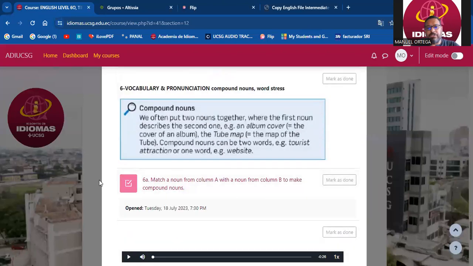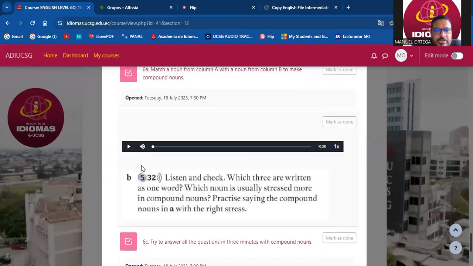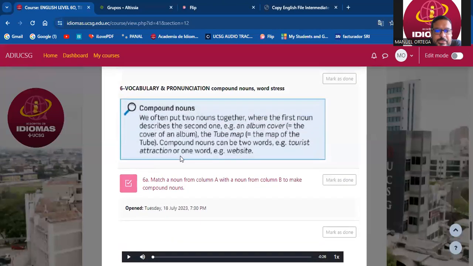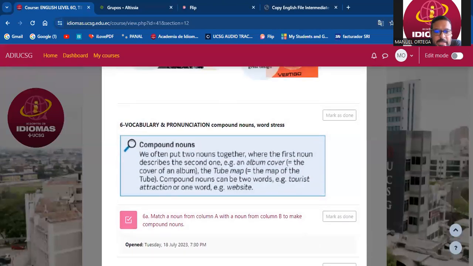Then let's continue on vocabulary, and speaking we're going to leave for later. In section 6, that is vocabulary, we are going to observe activity 6A, and you have an audio track to follow the activities. Let's take a look at activity 6A.